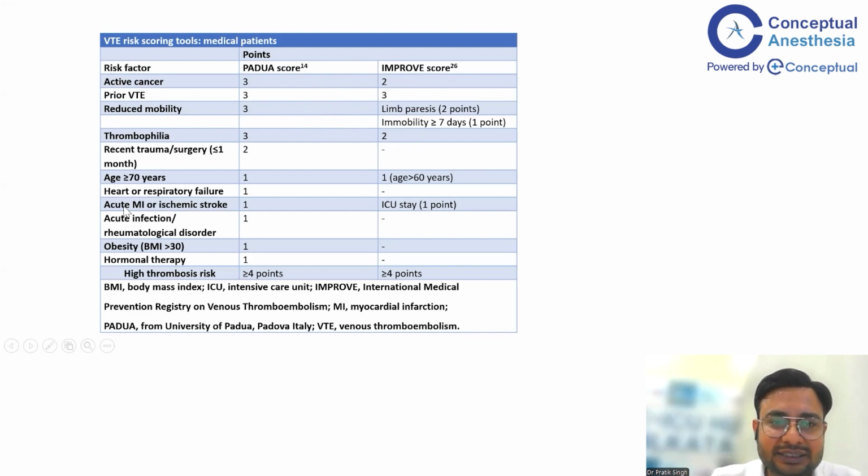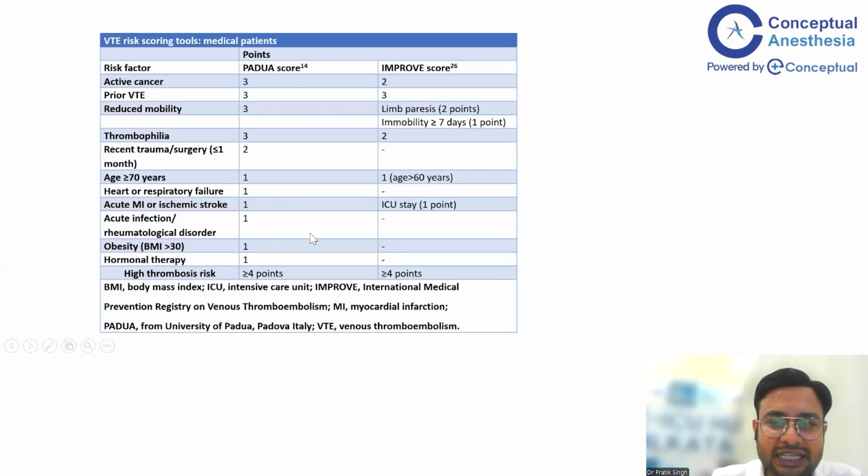The risk factors to be noted are active cancer, prior history of venous thromboembolism, reduced mobility, thrombophilia, recent trauma or surgery, age more than 70 years, heart or respiratory failure, acute MI, recent infection, obesity, hormone therapy. If the score is greater than or equal to 4, it is high thrombosis risk, and if it is less than 4, then you can wait.